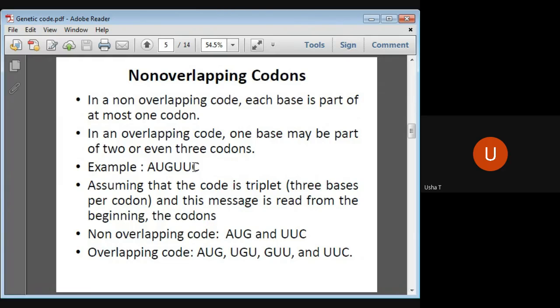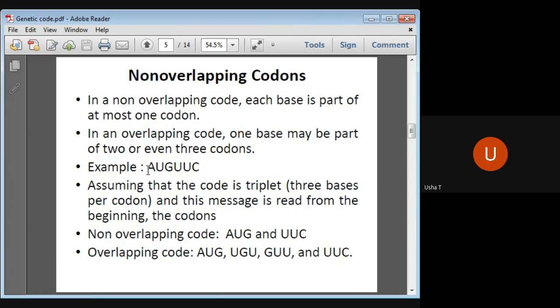But the triplet codon is a non-overlapping codon. Hence, if you have six bases, then it will form only two codons. If you have nine bases, it will form only three codons. In an overlapping code, one base may be part of two or even three codons, but in a non-overlapping code, it is only in one position.